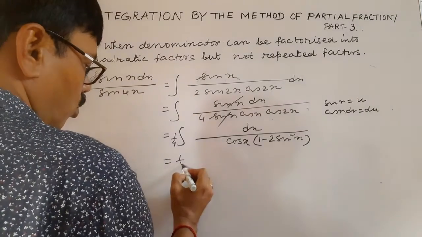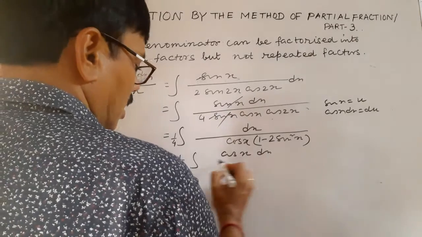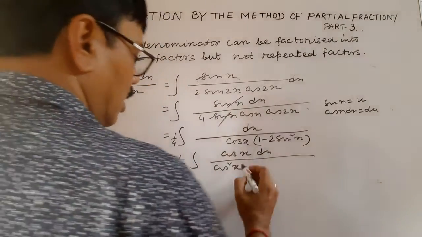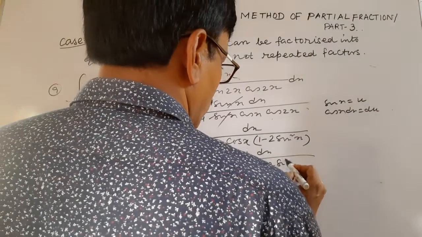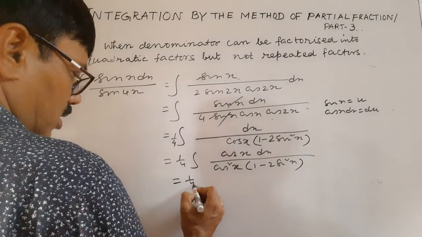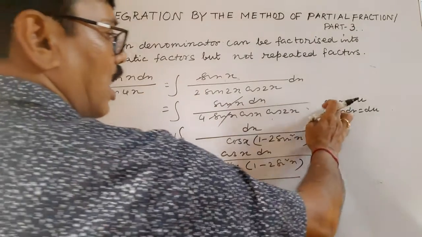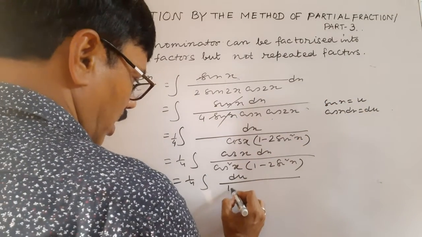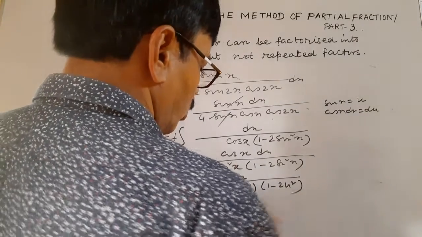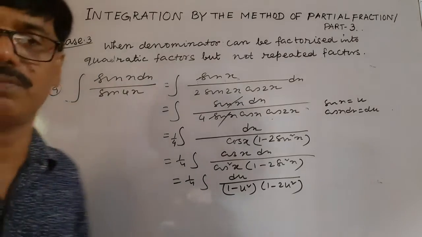So 1 by 4, this is cos x dx, and this one is cos square x into 1 minus 2 sin square x. Now cos x dx is du, and sin x equals to u. Cos square x is 1 minus u square, so 1 minus 2u square. Now it is of the previous form.